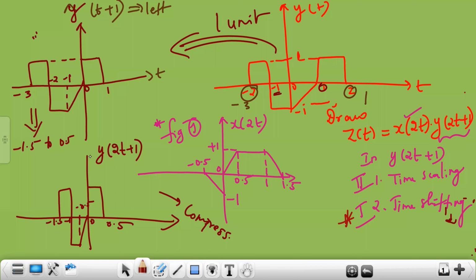So this will be your figure 2. Draw till this figure. The amplitude is the same, there is no change in amplitude. So kindly mark the amplitude +1 and -1. The only thing you have done is shift to the left and then scale by 2, or compress by half.